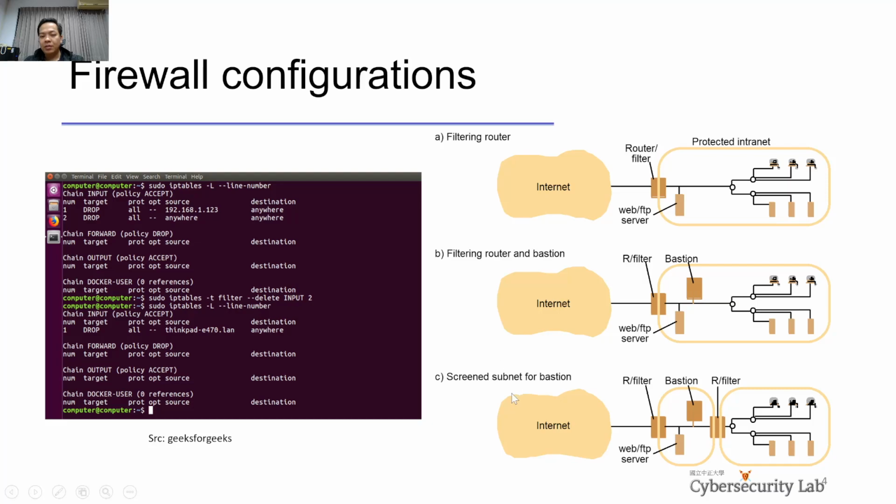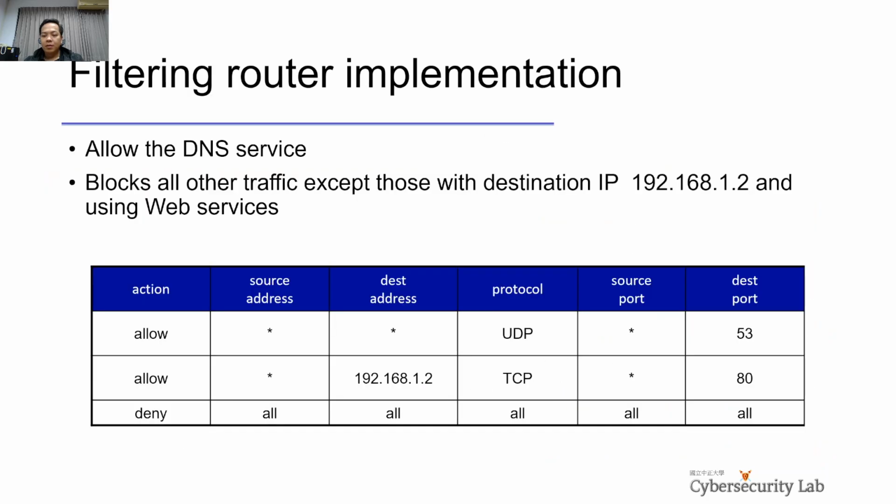We can place one firewall before the protected internet, and the other we can create as a public web server and one base for monitoring the traffic.